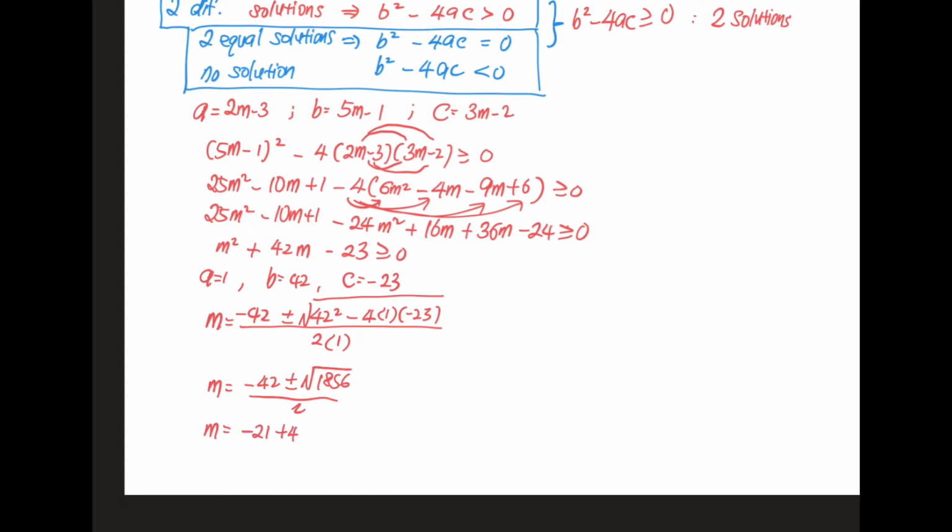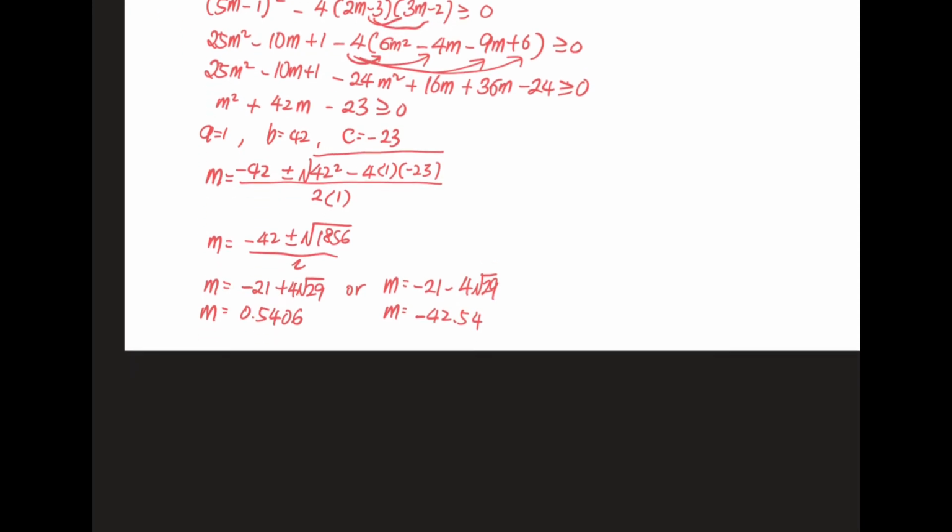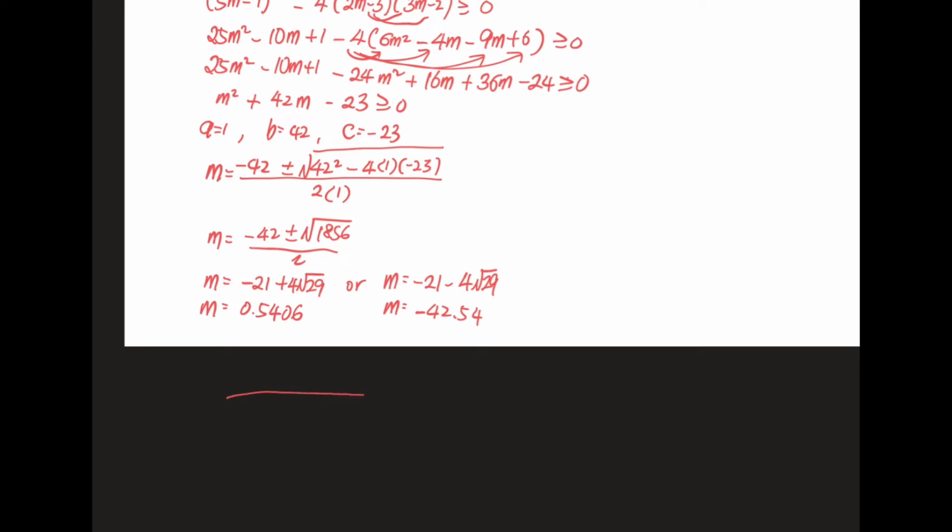Then we have two answers here. The first one is minus 21 plus 4 square root 29. The second one is minus 21 minus 4 square root 29. Then change it to decimal: 0.5406 for the first, and the second one is minus 42.54. So we get two values here.